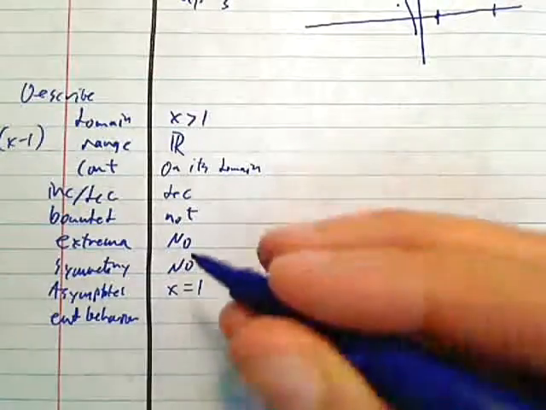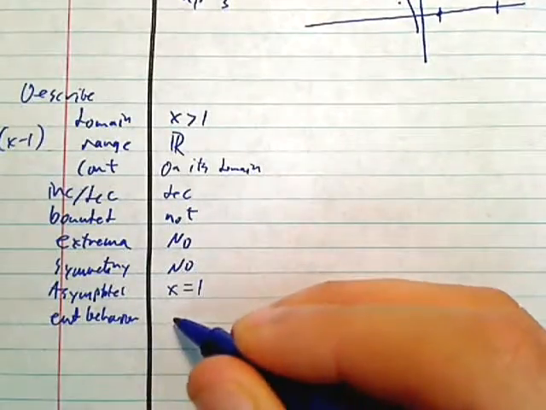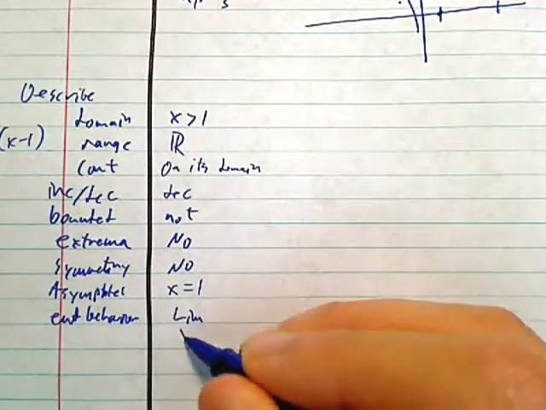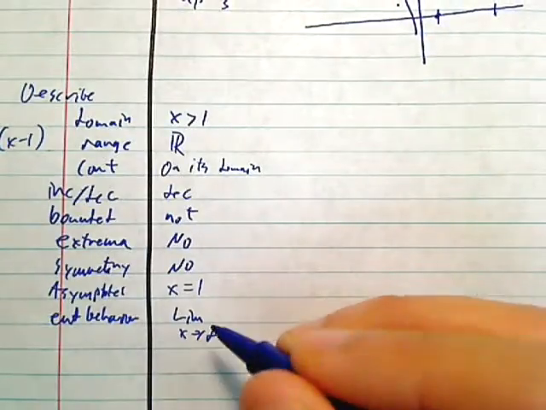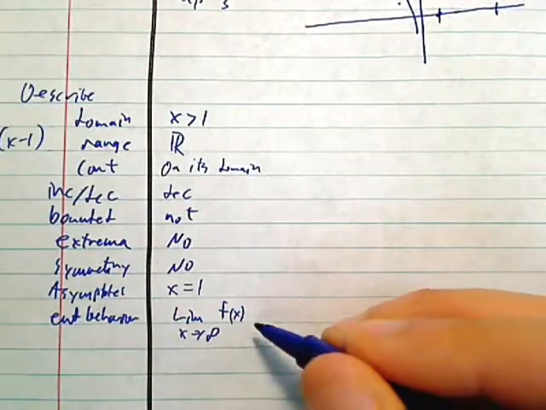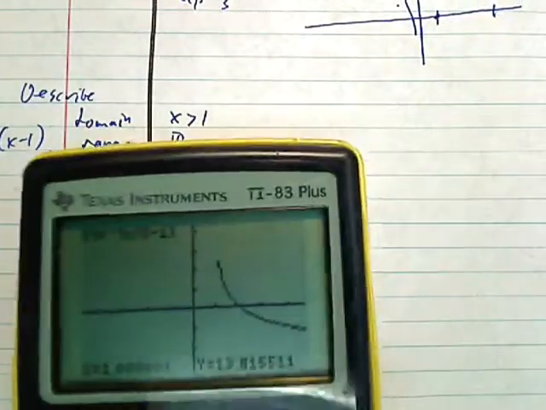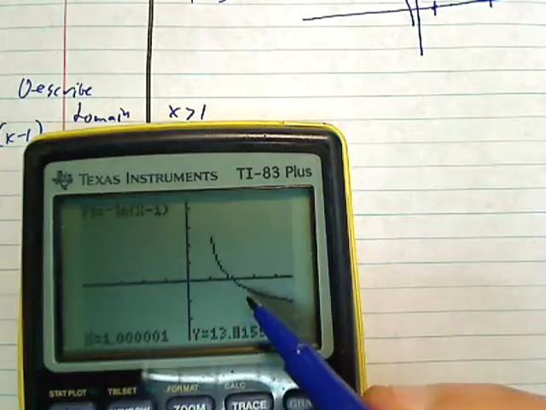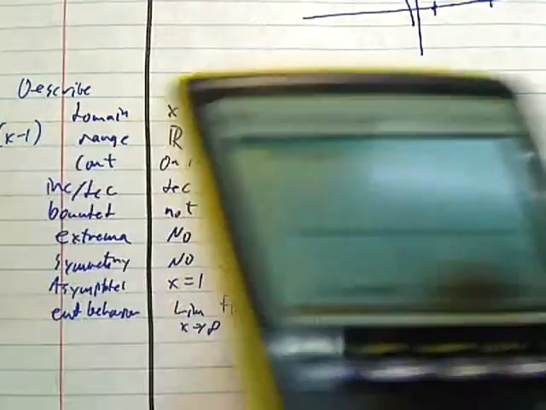And behavior: the limit as x approaches infinity of f of x is, well, as x goes off to infinity, what is it doing? It's approaching negative infinity.